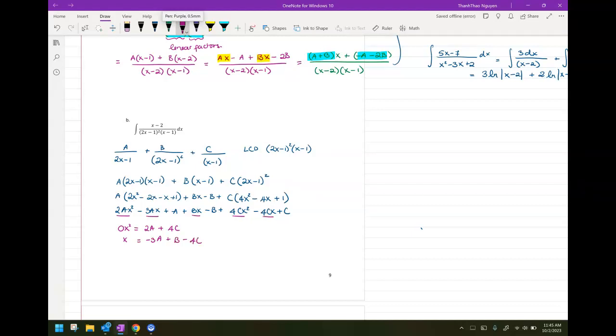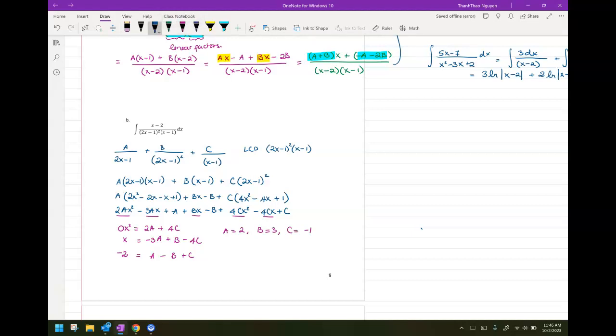And for the constant term, we get negative 2 equals a minus b plus c. We will solve the system of equations for a, b, and c, and we get a equal to 2, b equal to 3 and c equal to negative 1.